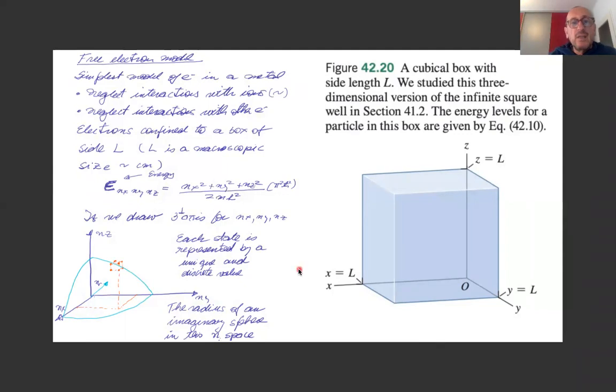We know that if we reduce the size of the box, if this goes very small, the energy will go up, given this expression. And if this is a macroscopic big size, the energy will go down, okay? But there's a limit. The limit has to do with the density of electrons that I have inside.